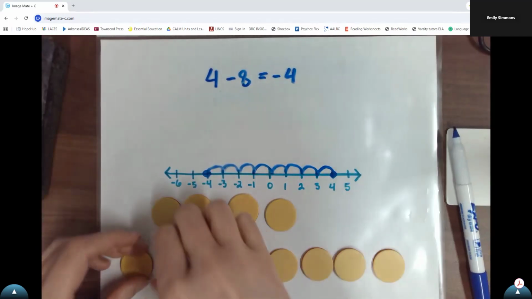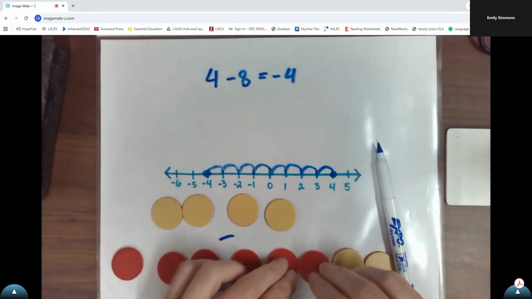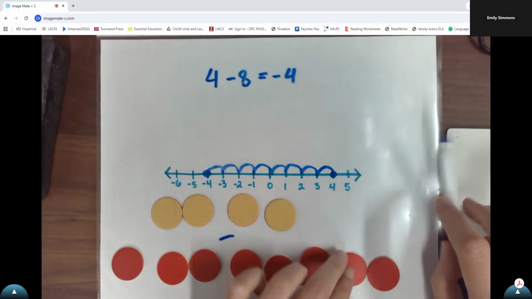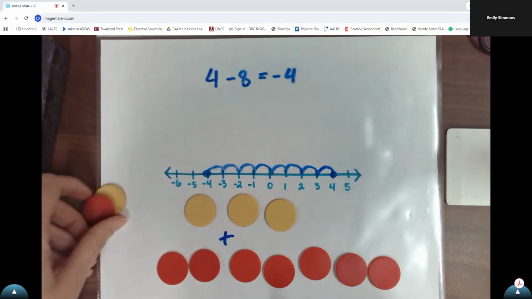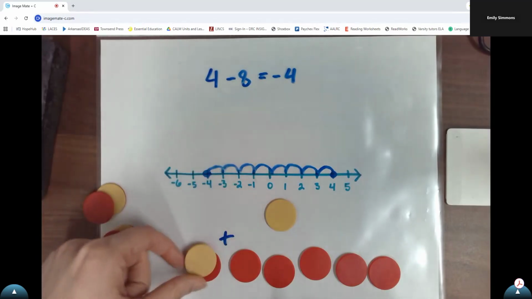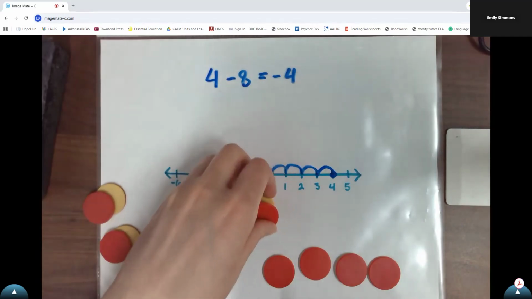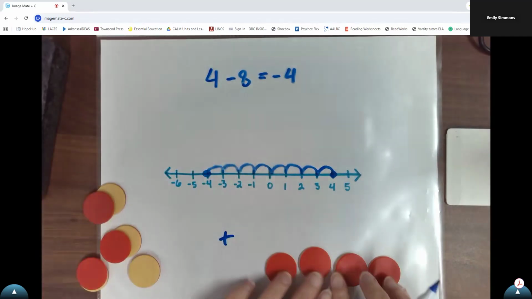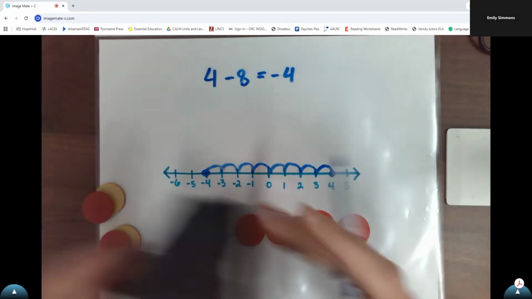Since we're taking away, these become their inverse, which makes them negative, and then we'll add the counters. And after we've combined our negatives and positives, we're left with 4 negatives, or negative 4.